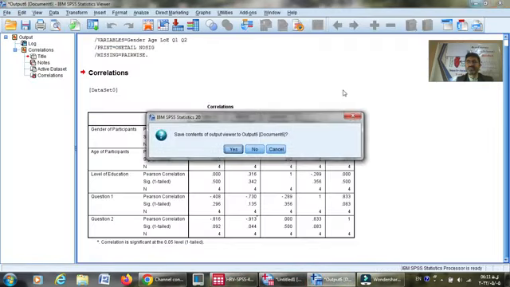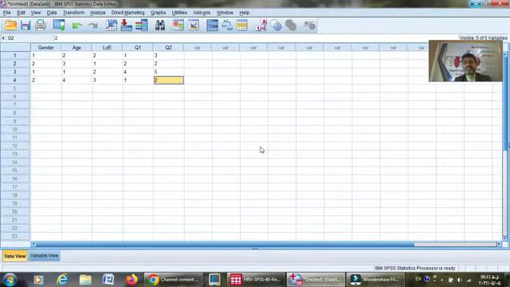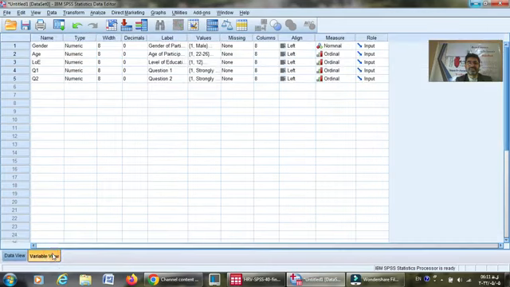Why use correlation? Because if there is a particular question in our research study or any hypothesis to assess the probable relationships between different variables in different aspects of our study, then we use correlation.